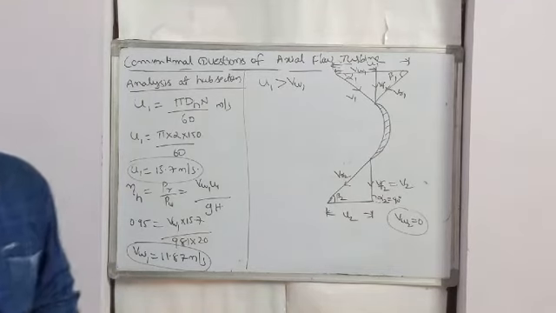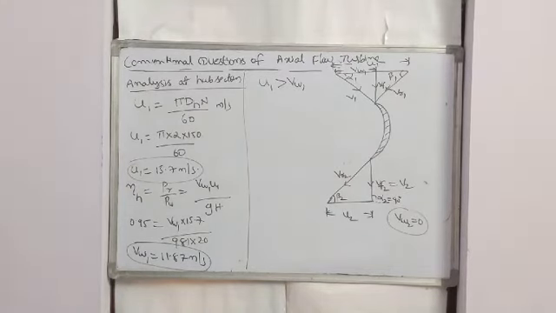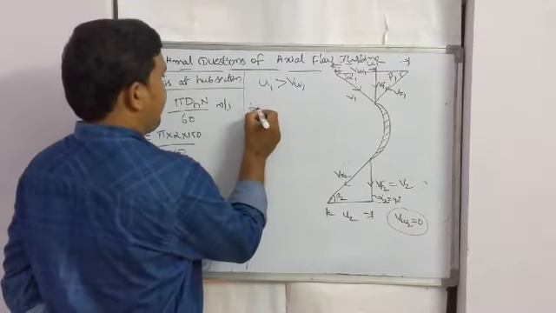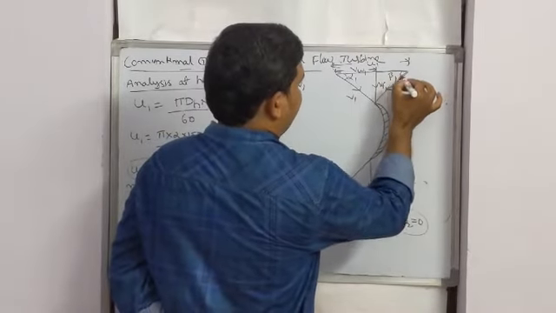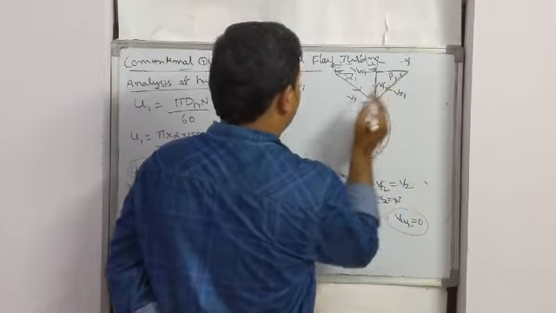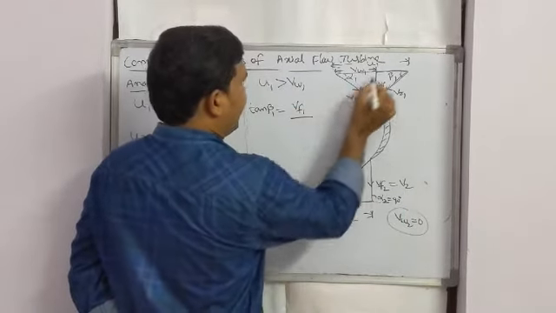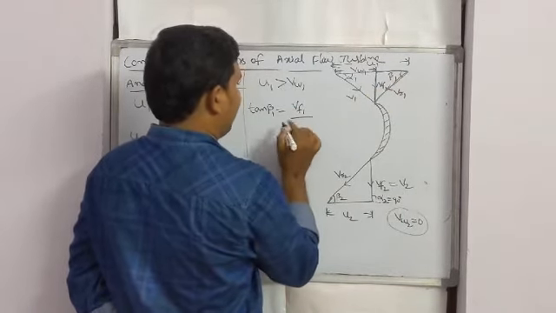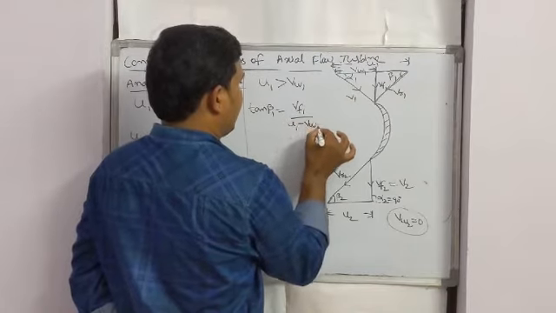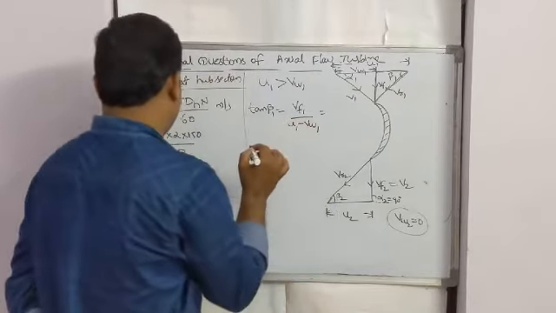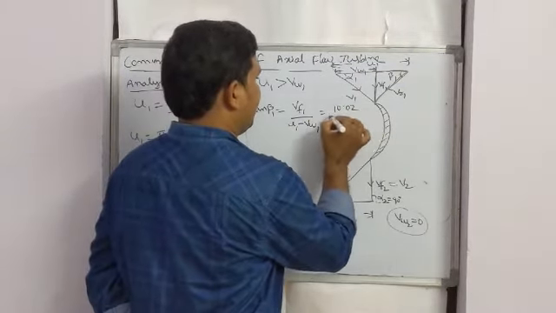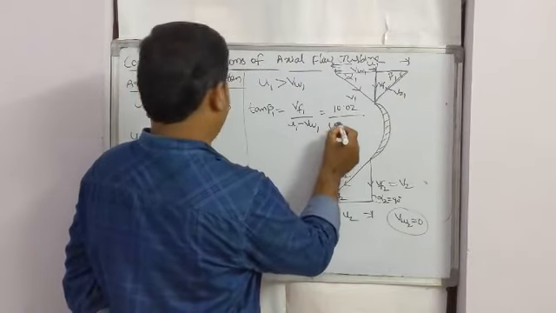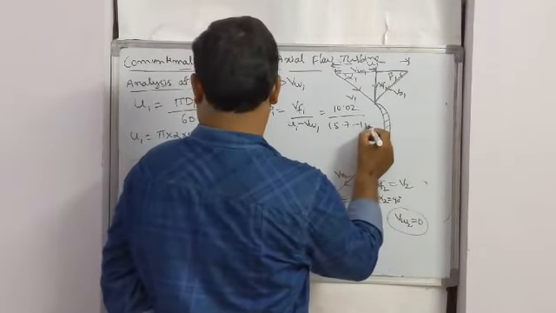Then they want us to find only the angles, inlet angle as well as outlet angle. From the inlet triangle, from this right angle triangle, tan beta 1 is opposite side VF1 by adjacent side U1 minus VW1. VF1 we already found as 10.02 meters per second, U1 is 15.7, minus VW1 11.87.